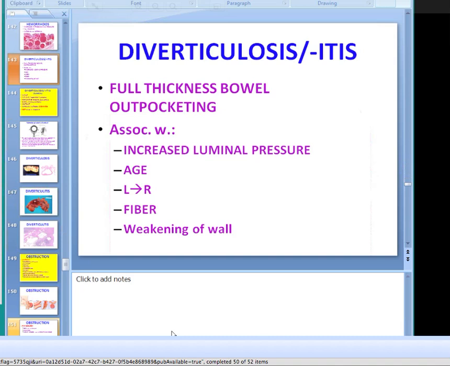As you would guess, increased luminal pressure, age, harder rather than soft stool, or a low fiber diet and therefore a decreased transit time and more impaction of stools and weakening of the wall, these are all factors for diverticulosis.